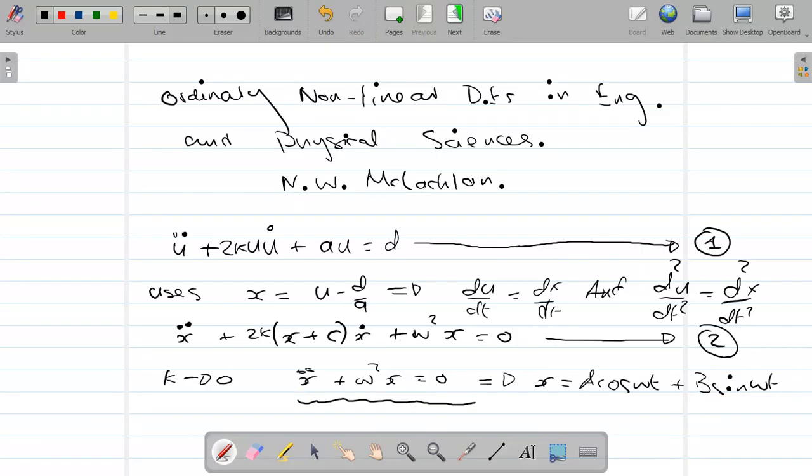It does actually say somewhere, and I'm just looking to see what he says, but I can't remember, but he actually does say that for small values of k, the water level, I think it is, oscillates.